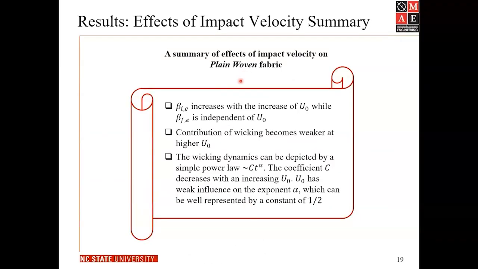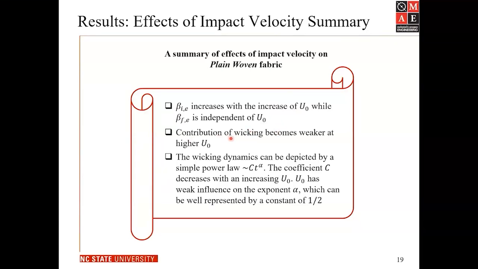So now we can summarize the impact velocity on the stain process. This is particularly for the plain woven fabrics. First, the stain right after impact will increase with the increase of impact velocity, but the final stain is actually independent of the impact velocity.